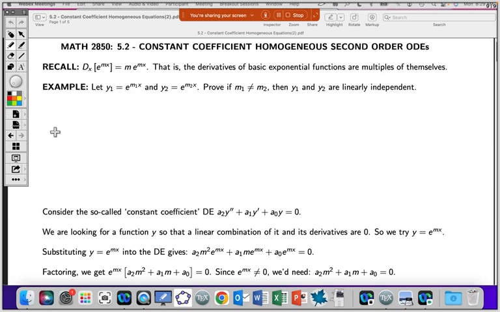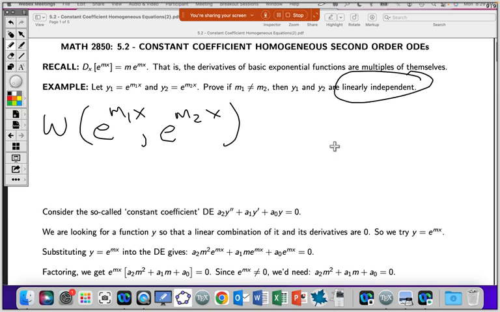Okay, so we can do that using the Wronskian. So if I look at the Wronskian of e to the m1x, e to the m2x, if we want to show linear independence, if m1 is not m2, we need to show that the Wronskian isn't 0. Okay, that's how we can show linear independence of these functions.